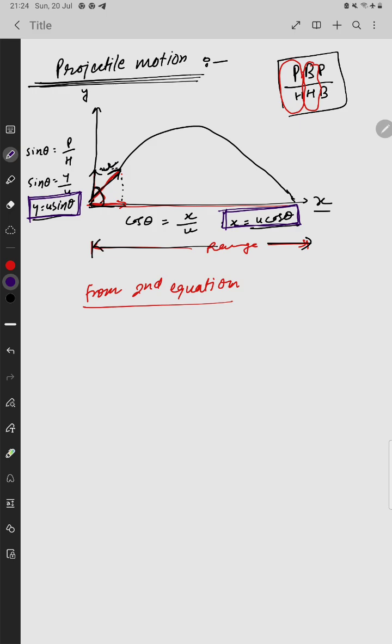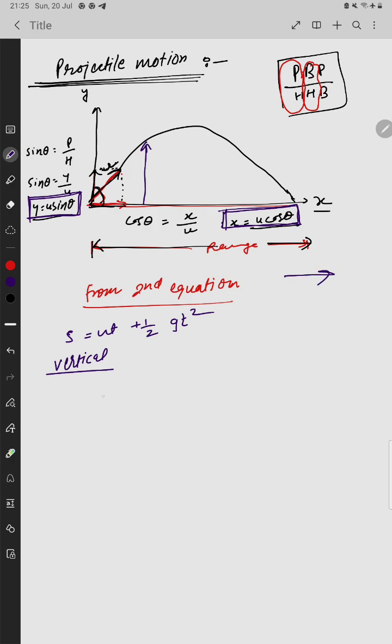Now from the second equation of motion, student, what can we write? S is equal to ut plus half gt square. S you can say is the range. Firstly, you calculate the vertical. Vertically, so you take this component, this is the vertical and this is the horizontal.